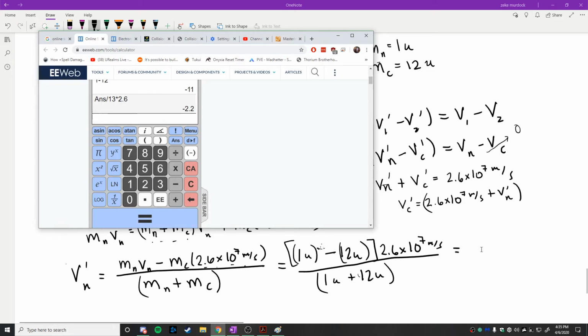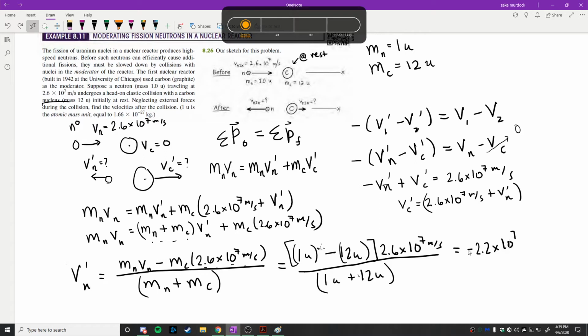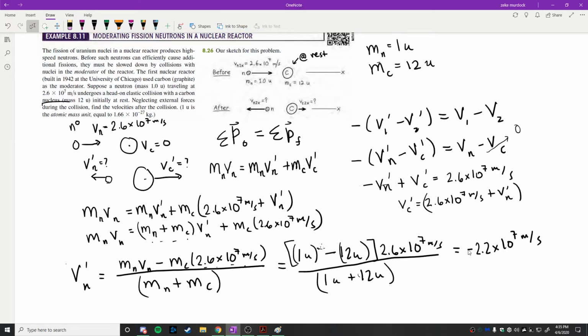So you end up getting negative 2.2 times 10 to the 7 meters per second, and that's Vn prime.